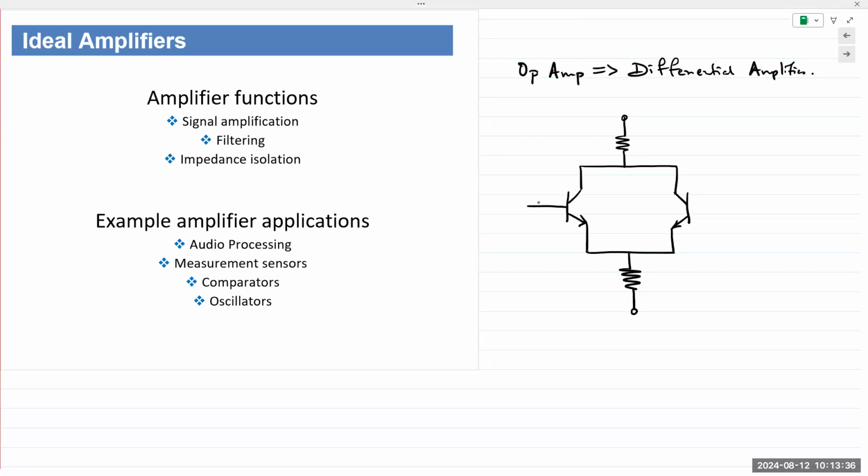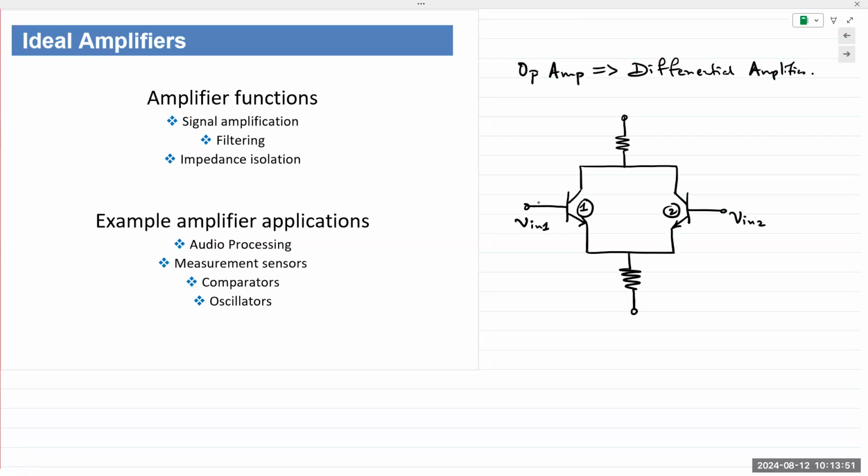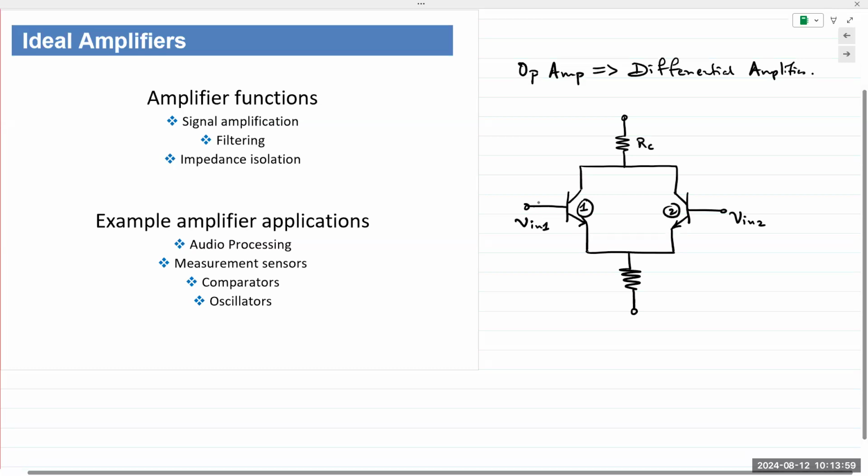You have two inputs, each at the base of one of those transistors. Let's say this is transistor number 1, and this is transistor number 2. We can call this V in 1, and this can be V in 2. And this would be RC, the collector resistance for both.